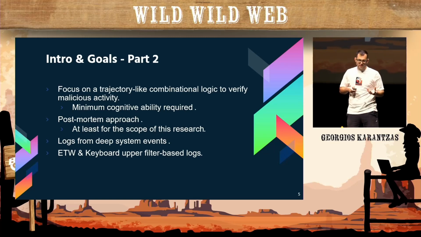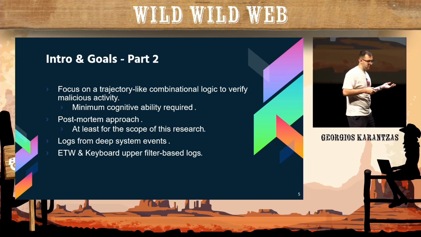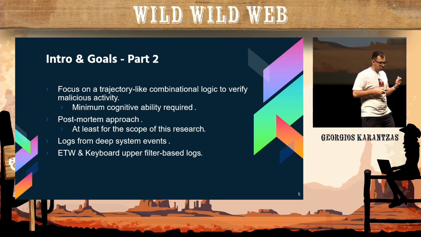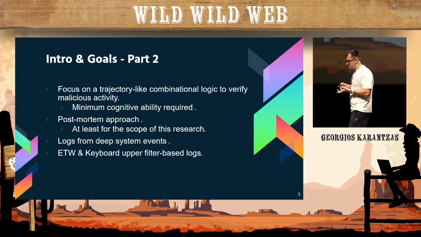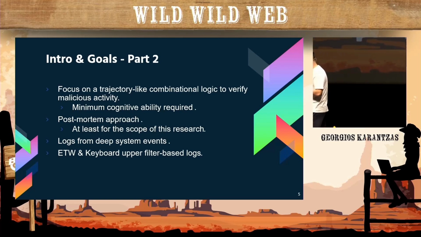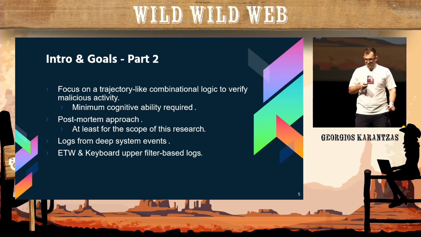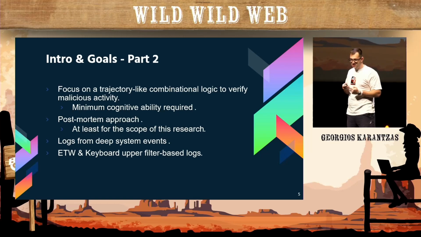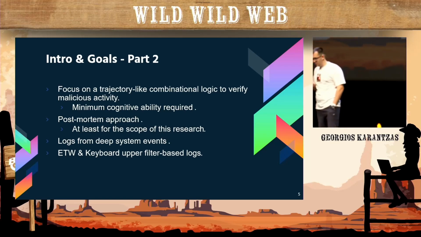Essentially, we need some minimum cognitive ability. We will see that we have a graph at the end of the presentation, but either a computer or an analyst would need to have some basic cognitive capabilities to understand and correlate information. So we will get deep system events, and more specifically, we will leverage Event Tracing for Windows and upper filters.